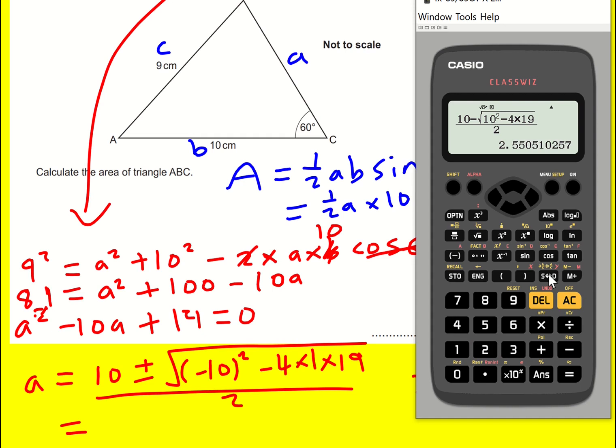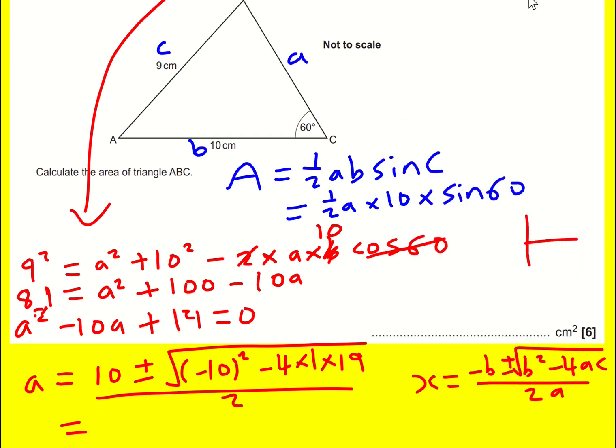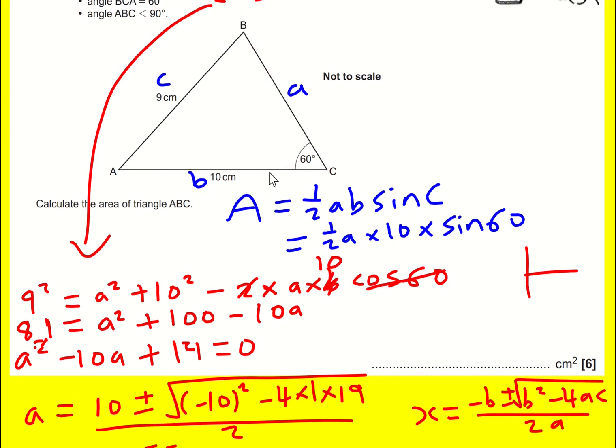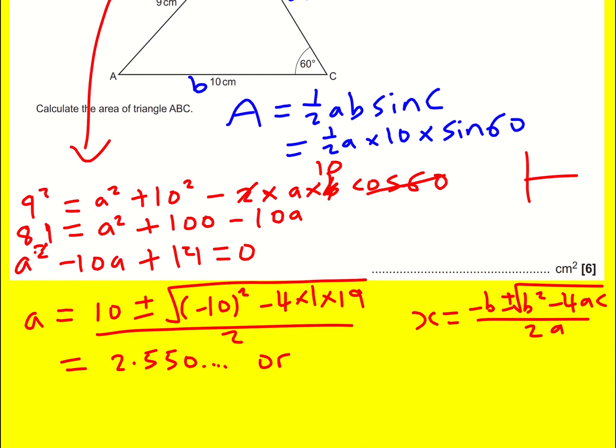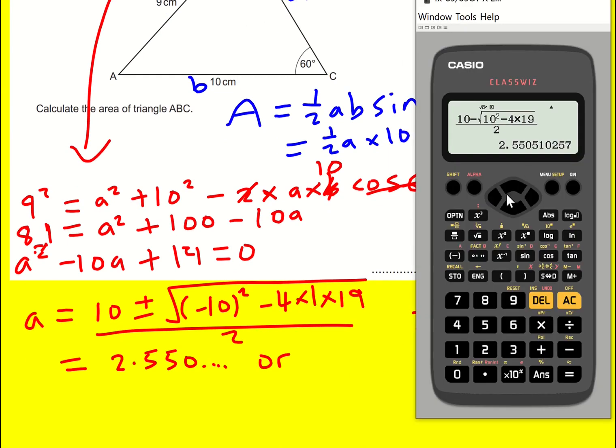Okay, and I get 2.550 or, because in fact there are two solutions to this. As we've got a quadratic, we can see there's not only one way of drawing this triangle. Right, let's just try out the positive one.